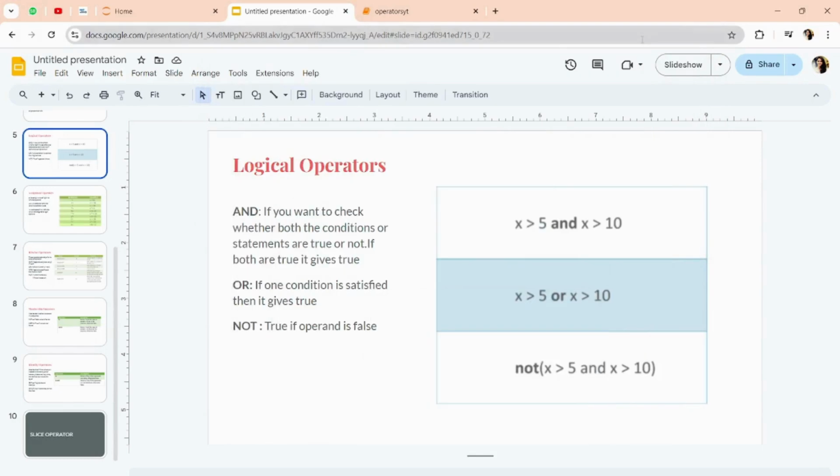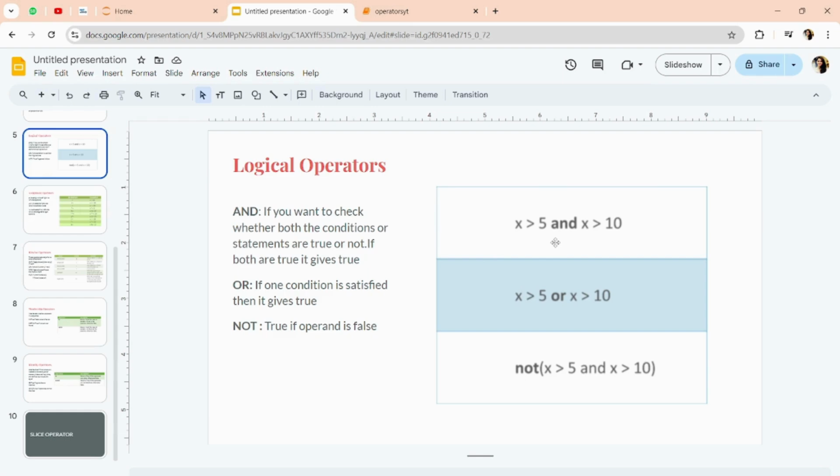The next one is logical operators. There are three logical operators, that is AND, OR and NOT. AND is used if we want to check whether both conditions or statements are true. If both are true, it gives you true. So here you can see x is greater than 5 and x is greater than 10. If both conditions are true, then it will give true.